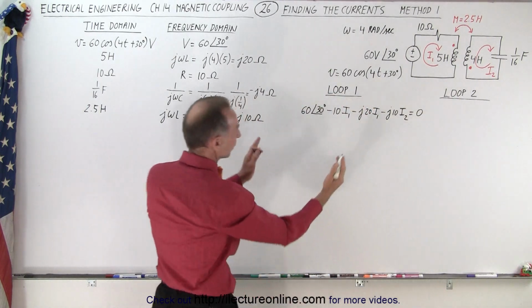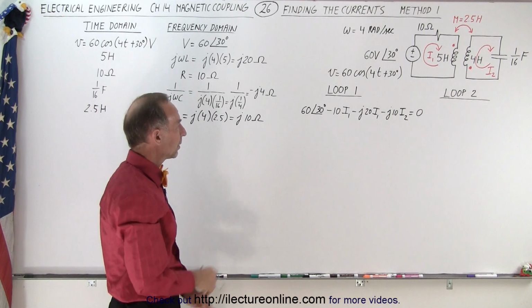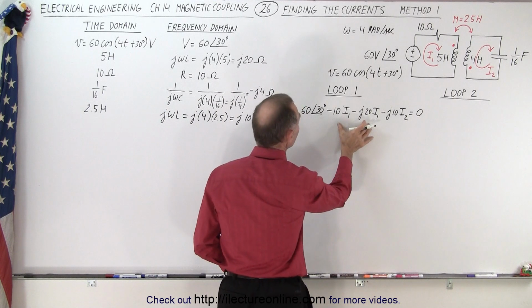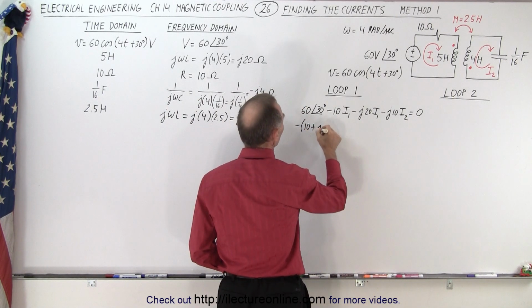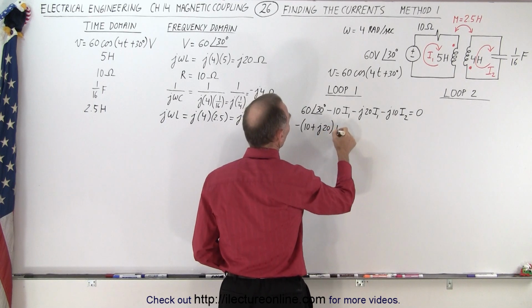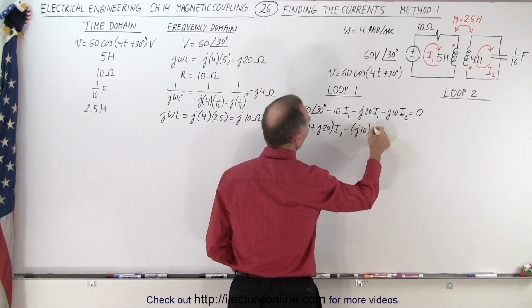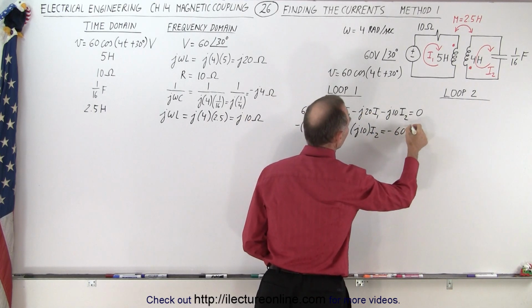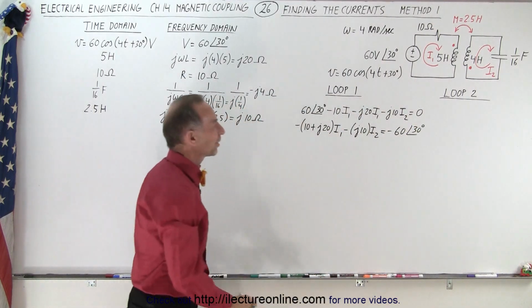I'm running out of room because I don't have a lot of room for loop 2. Well, we'll worry about that later. Now we want to simplify that, so let's combine these two right here. We end up with minus (10 plus j20) I1 minus j10 I2 equals, when we bring that across, minus 60 with a phase angle of 30 degrees.